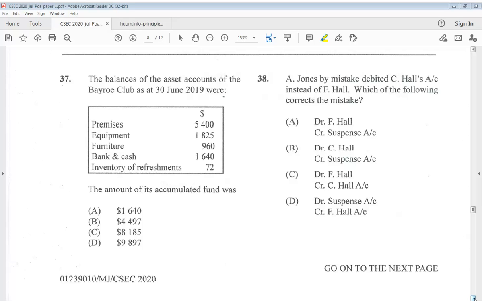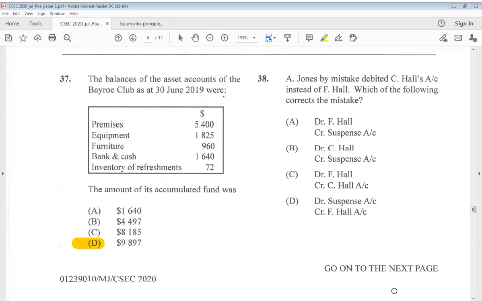So the amount of its accumulated fund was, so we know that would give us a total. There's no liability. So all our assets, when we add that up, we would get, 37, sorry, D, 9,897 for our accumulated fund.